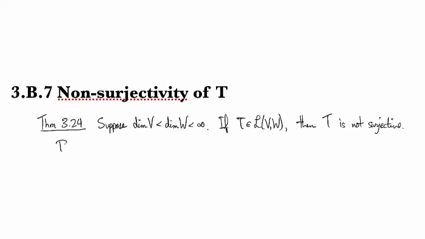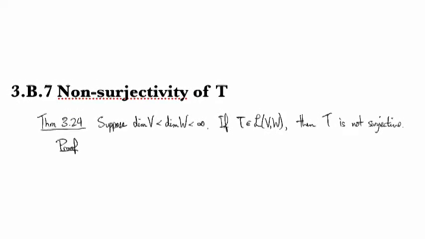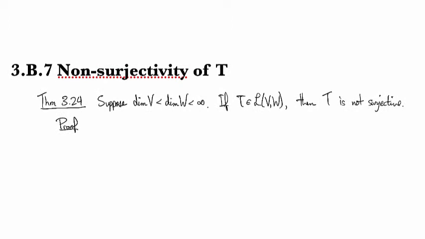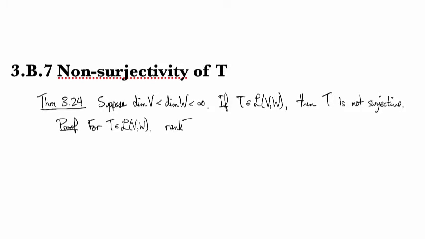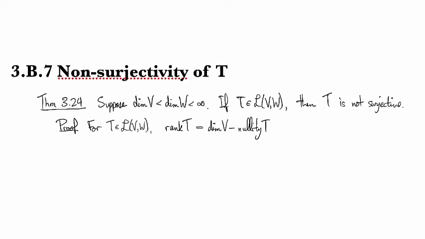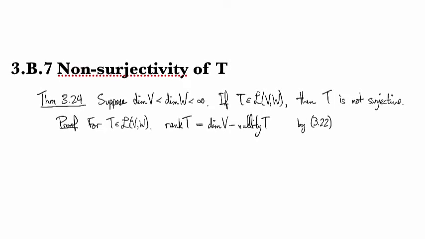And so the idea for the proof is very similar to the one that we just saw. If we take such a linear map, then we use the equation from the rank nullity theorem and solve this time for the rank. Then the rank is going to look like the dimension of V minus the nullity of T, by the rank nullity theorem. And then since the nullity is non-negative, the smallest it can be is 0, right?